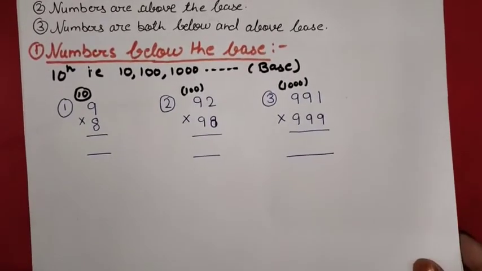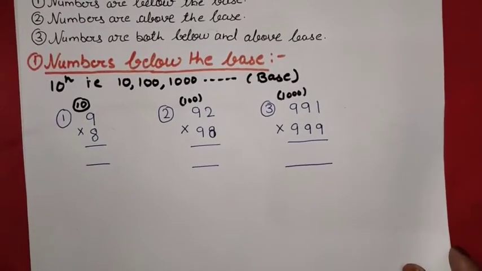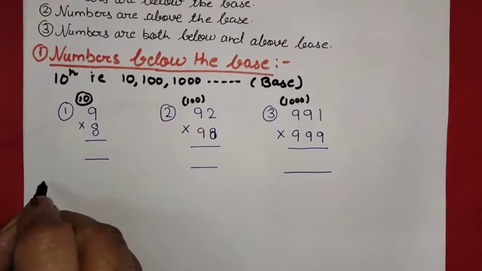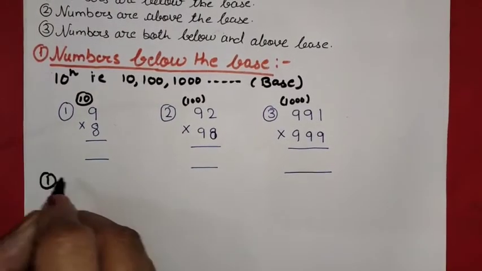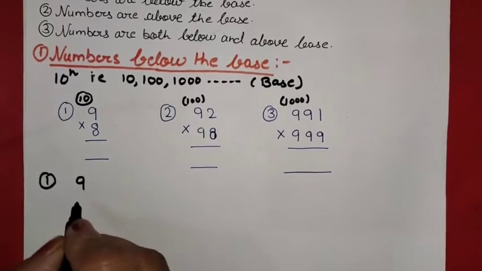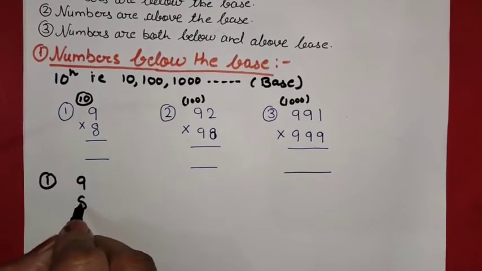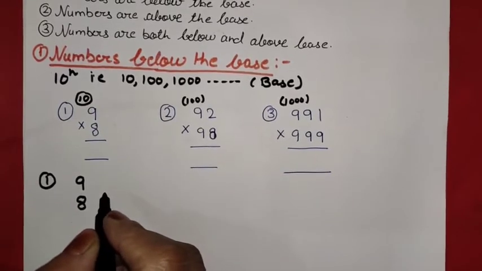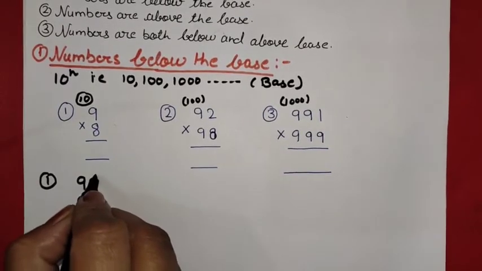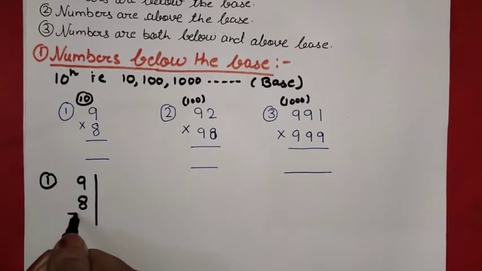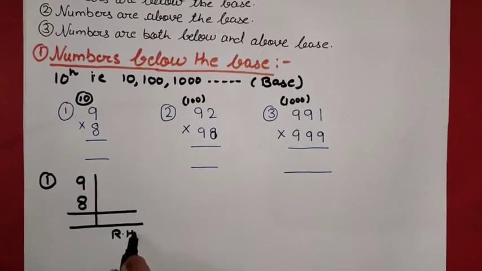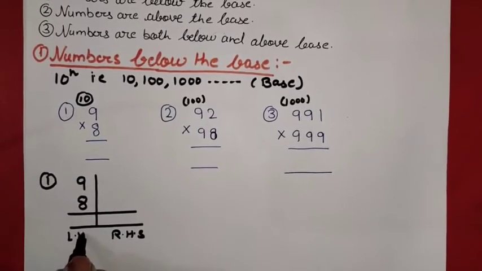Now let's discuss what the base method of multiplication is. This is very simple to use. Let us take the very first question, where we want to multiply 9 by 8. Whenever you are using the base method of multiplication, you will divide your question in two parts like this: the right hand side part and the left hand side part.